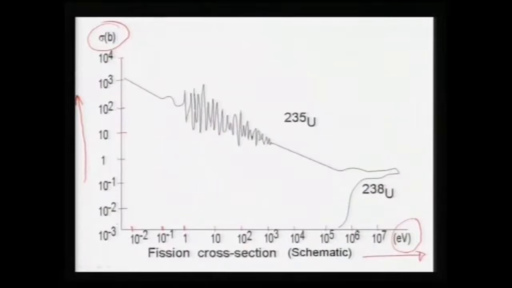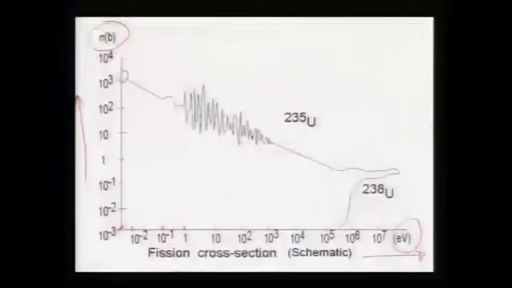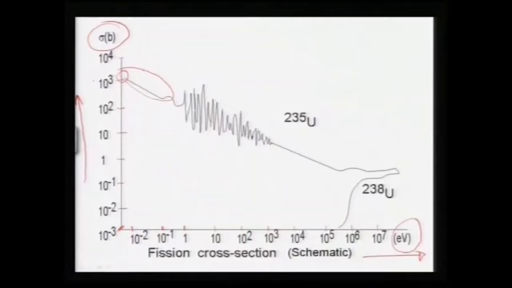So, at almost 0 energy, 10 to the power minus 3 electron volts, the origin in this drawing, the cross section is about 1000 barn. By any standard, this is a very high cross section, and as you increase the energy of the neutron, this cross section decreases. You can see this cross section decreases.